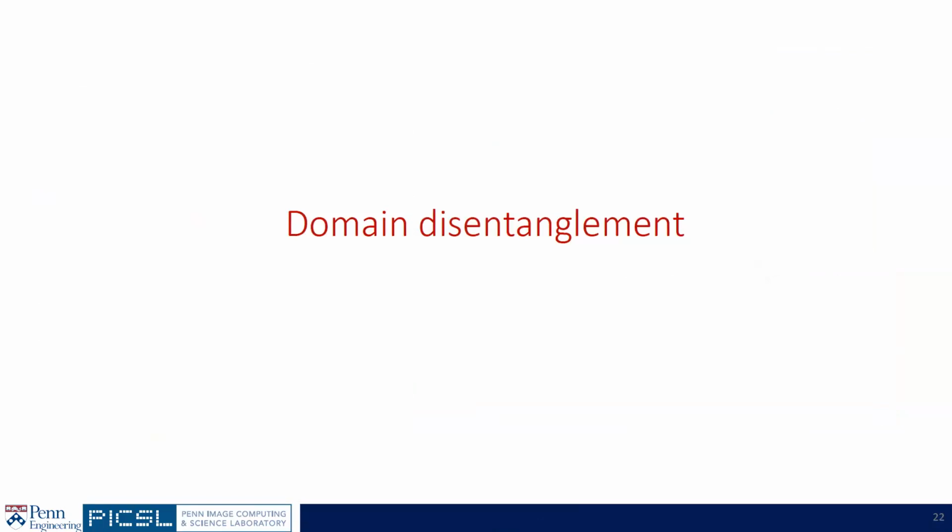Let me think about. I'm just thinking whether to continue with domain disentanglement or do topology stuff. For both the things, I need 45 minutes. I think you can do topology stuff, right? Instead of this transformers.